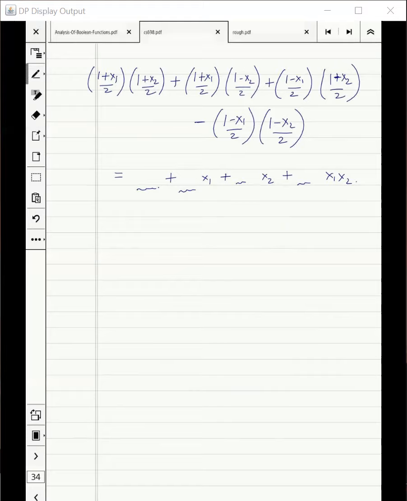If you have done the calculation, you will see. Minus 1 by 4, 1 by 4, 1 by 4, and minus 1 by 4. Sorry, it's minus 1 by 4, then 1 by 4, then 1 by 4, and then minus 1 by 4.